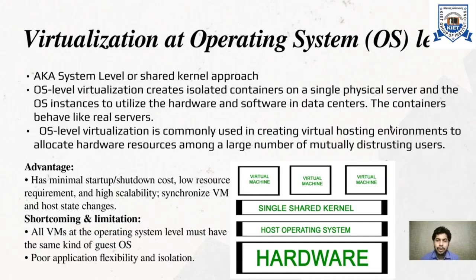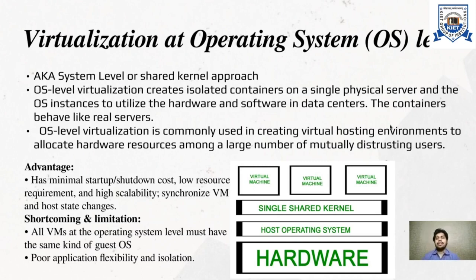Now there are certain shortcomings as well. All VMs at the operating system level must have the same kind of OS. Now this is a very crucial shortcoming because if you are sharing the kernel of the host operating system, then the operating system that the virtual machine has is also the same.